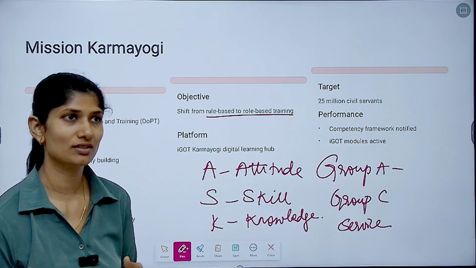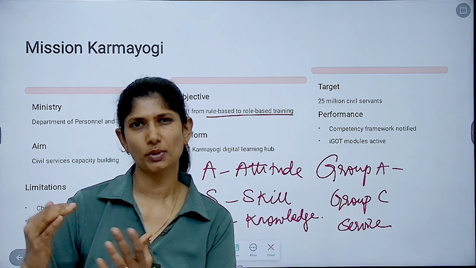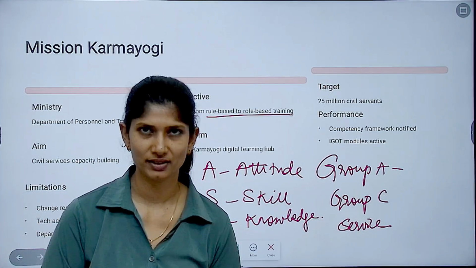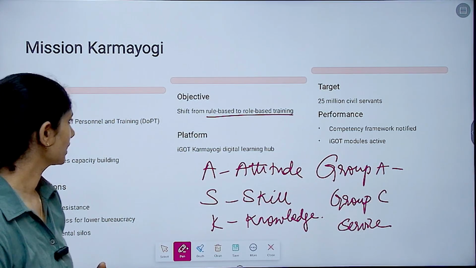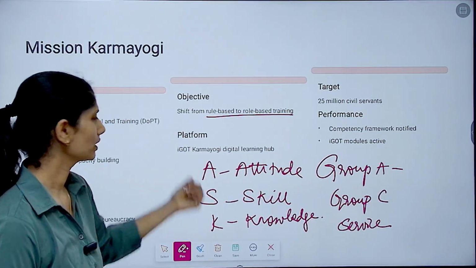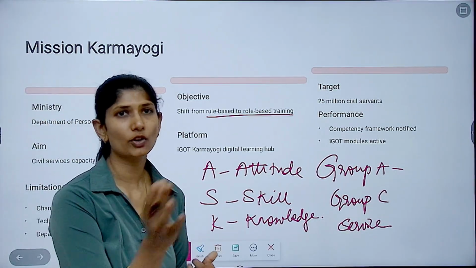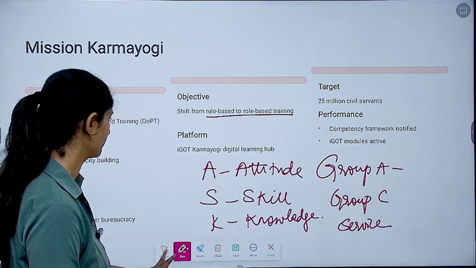Again, there is a huge resistance because that will bring more change from the conventional pattern to the modern ways. Yes or no? And another thing with regard to Mission Karma Yogi is iGOT, that is, you have interoperability also seen in this particular mission.